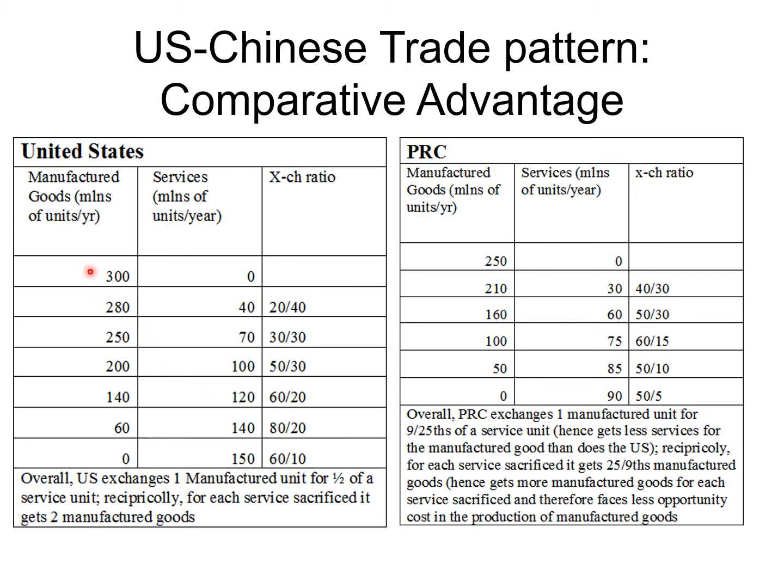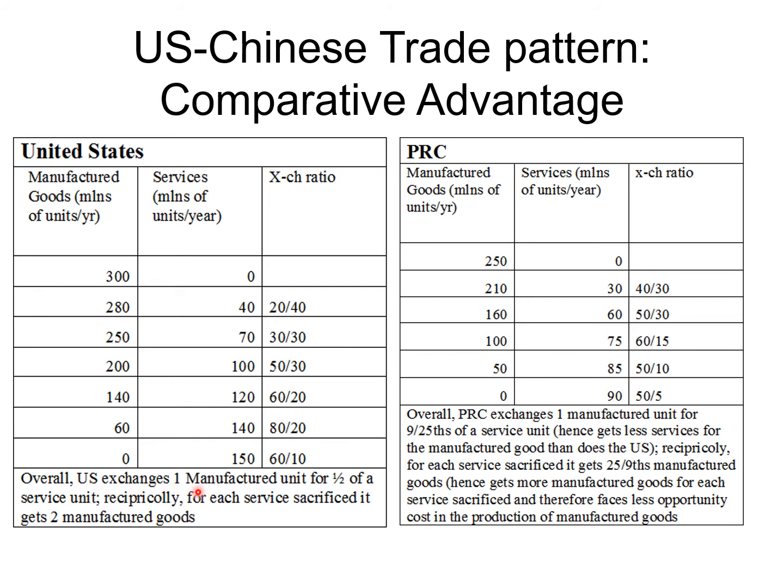That does not mean they will not trade because of this sacrifice ratio. As the U.S. transfers out of the production of manufacturing and into the production of services, they get more and more services, okay, for each manufactured good sacrificed than does the People's Republic of China. It's a relative measure, all right? It costs the U.S. less to transfer out of manufacturing. I say here, okay, so we read through this.